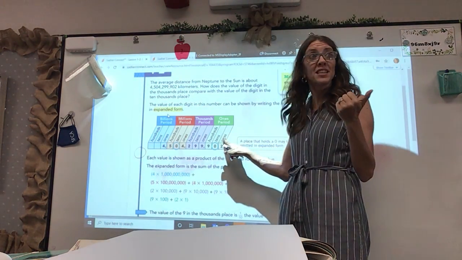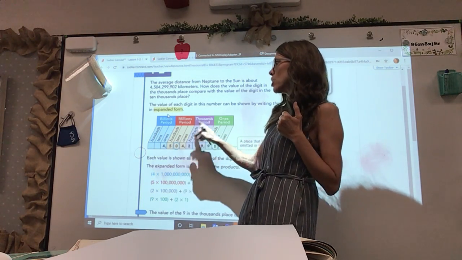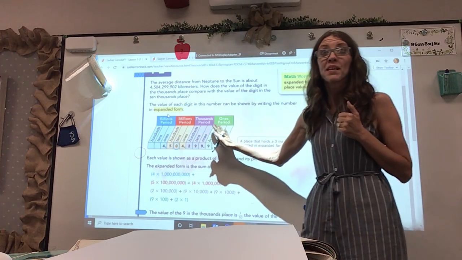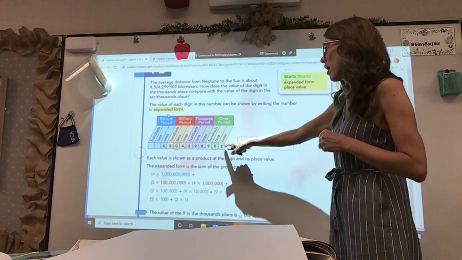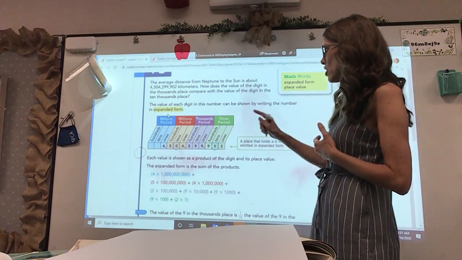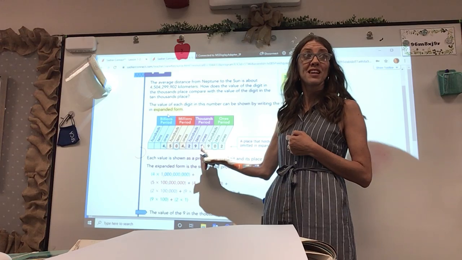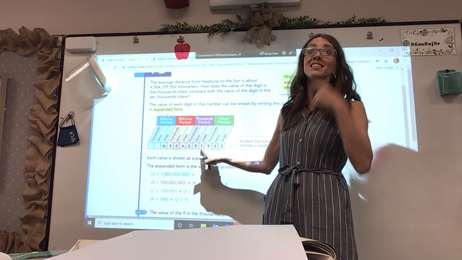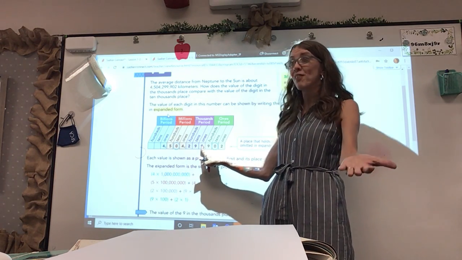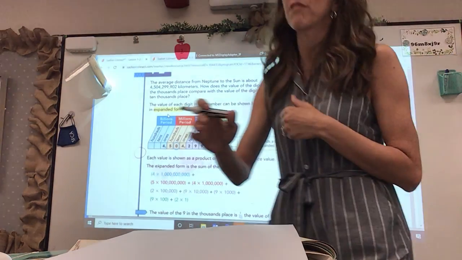The ones place, the tens place, the hundreds place, the thousands, the 10,000s. Those are the places, and then there's the value of the digit when it's put in that place. Two different things. So this 9 is in the thousands place, but its value is 9,000. Exactly.